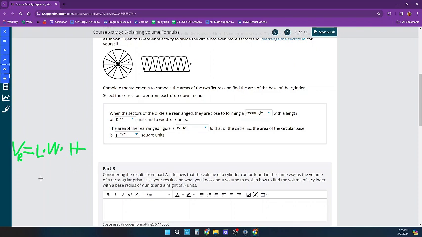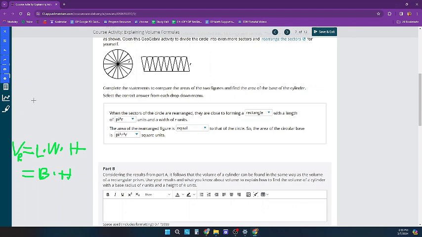But another way of looking at this is that this is equal to the base times height. However, your base, since this is a 3D shape, is going to be a two-dimensional space. It's going to be an area.